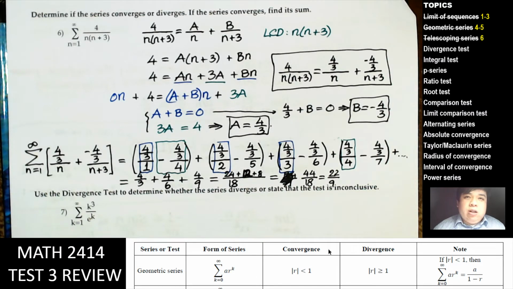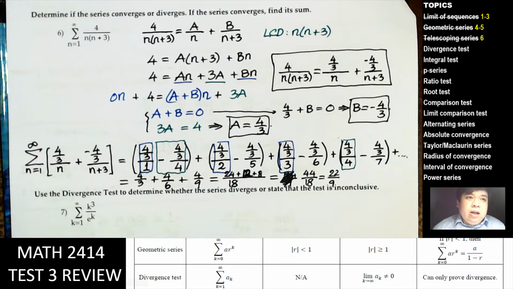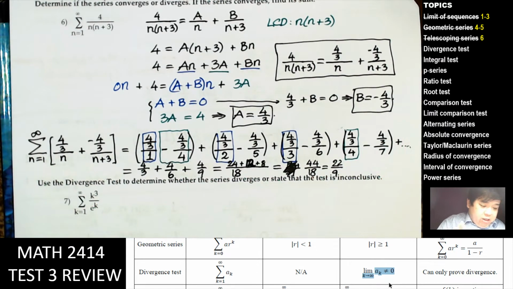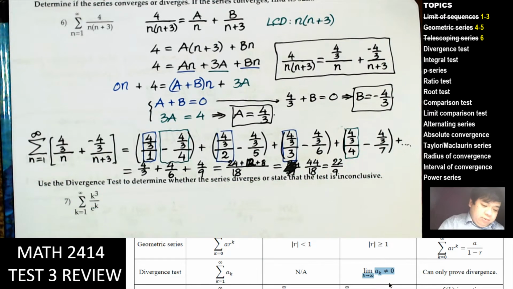Here we have convergent and divergent. For the divergent test, we cannot use that for convergence. But if the nth term is not 0, it will be divergent. So what we do is we just find the limit when n, in this case k, goes to infinity.